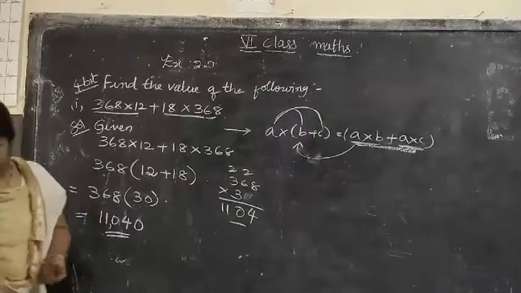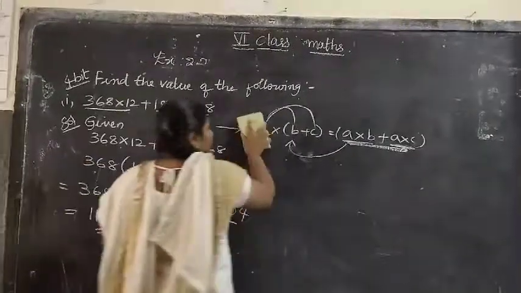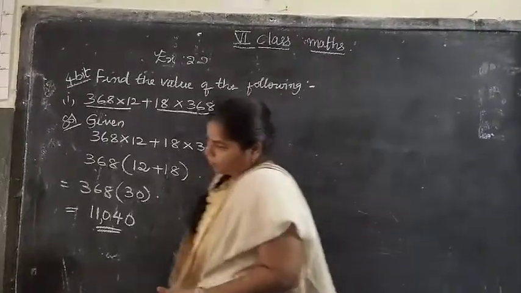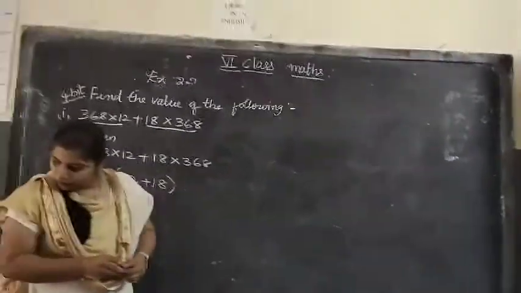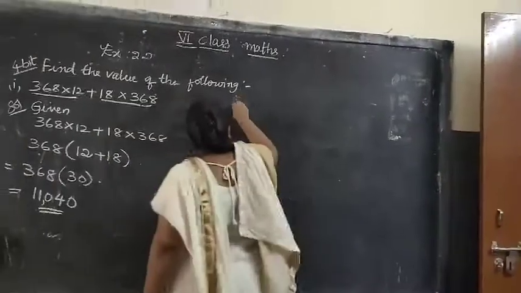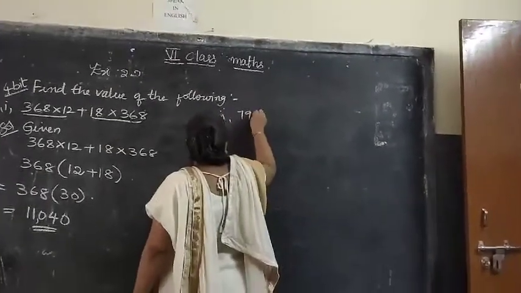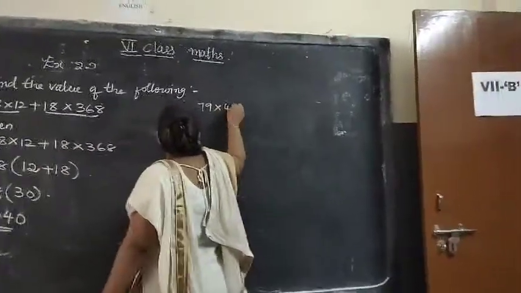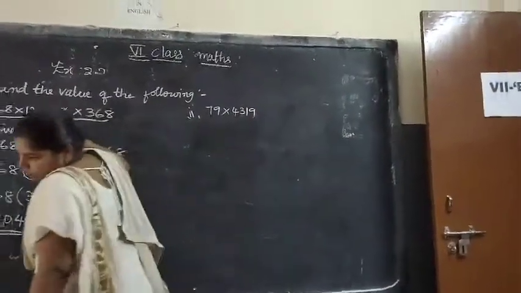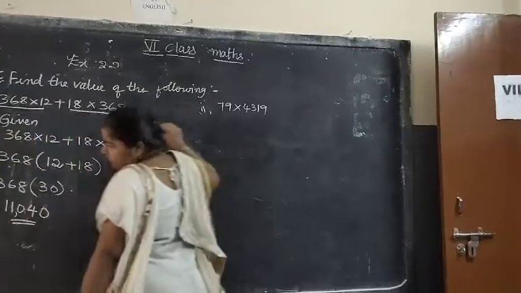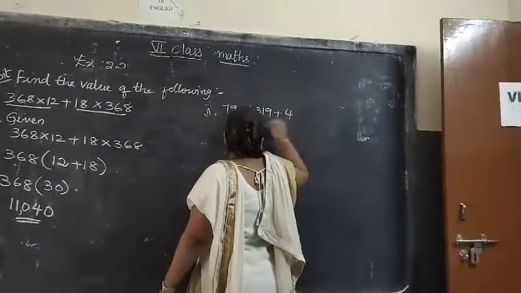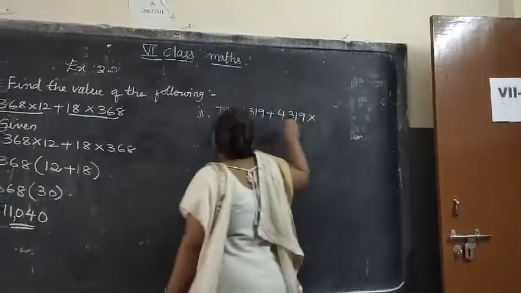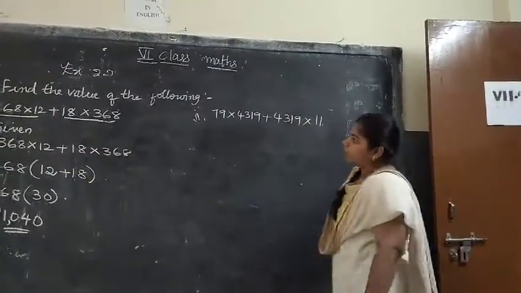Next is 79 into 4,319 plus 4,319 into 11. So again this is the form of distributive property.